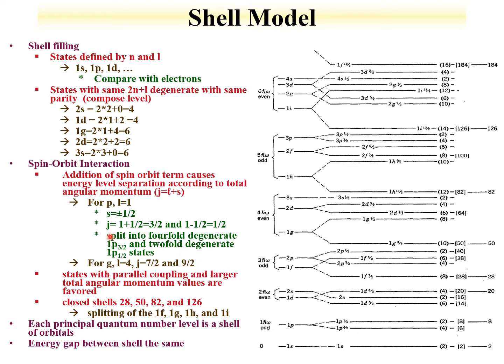And this is split into a fourfold degenerate, in this case, a 1p 3/2, which is shown here, or a twofold degenerate 1p 1/2. When we say a fourfold degenerate p 3/2, it means I can put 4 nucleons into that state. When I say a twofold degenerate 1/2, it means I can put 2 nucleons into that state.